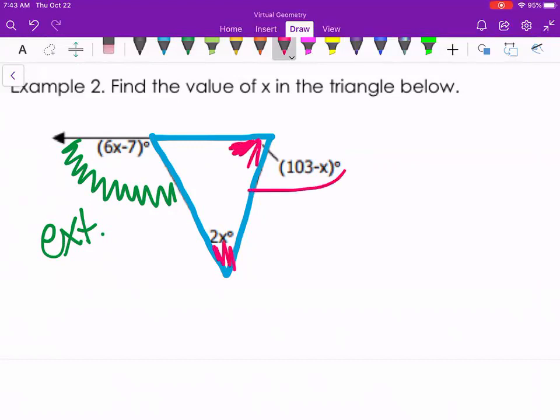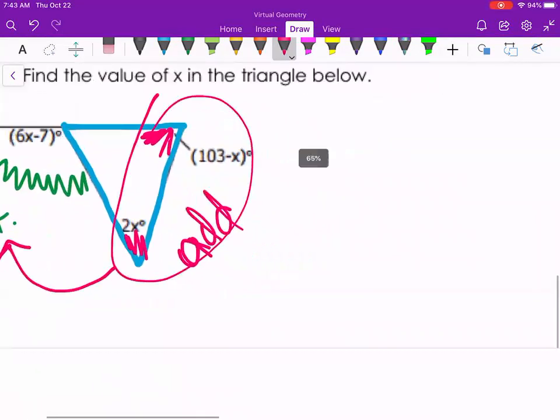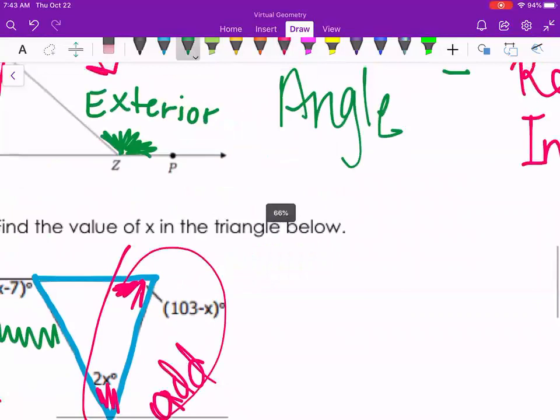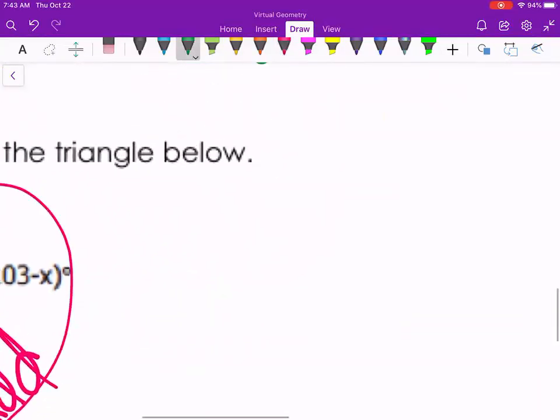So that is the other two down at the opposite corners. So I should be able to add those two corners up, those two angles, even though they're equations, I can still add them up to get that exterior angle. So then we have, like the setup says, the exterior angle equals, so 6x minus 7 equals.